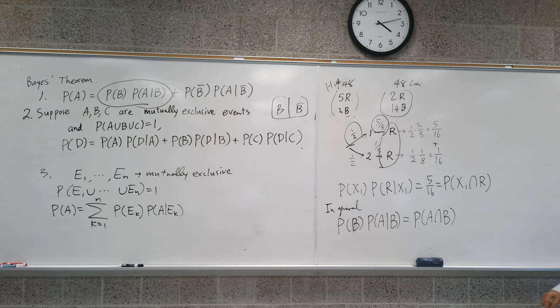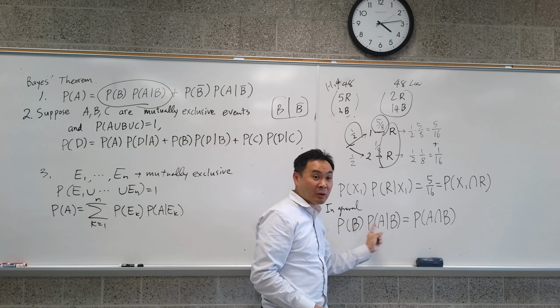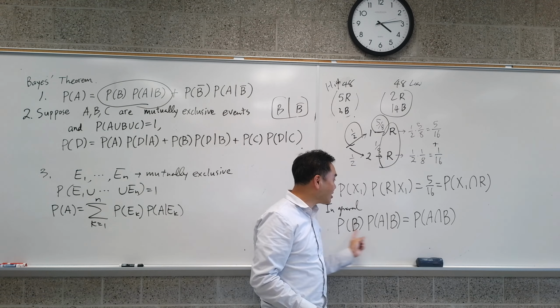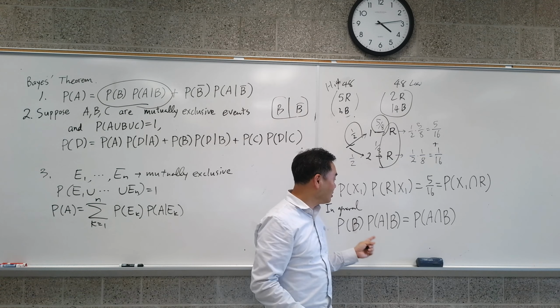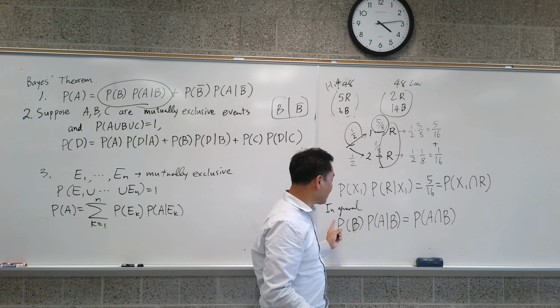Then you have to multiply the probability of getting the first bag times the probability of getting the red, however, under the condition that, with the knowledge that the first bag is chosen, okay? That's how you get this. Okay, so the correct multiplication rule for probability has this thing in it, okay?